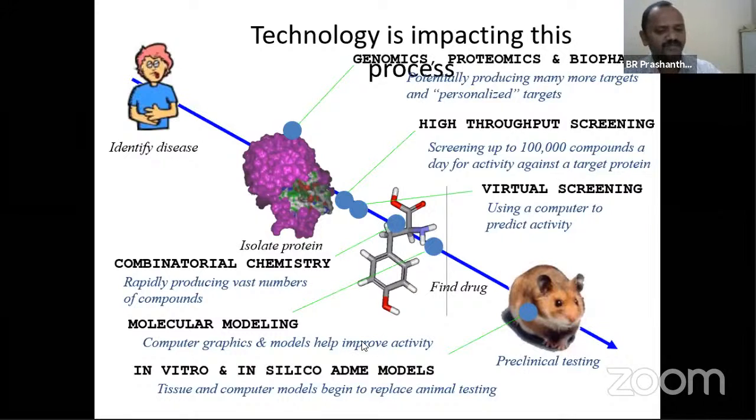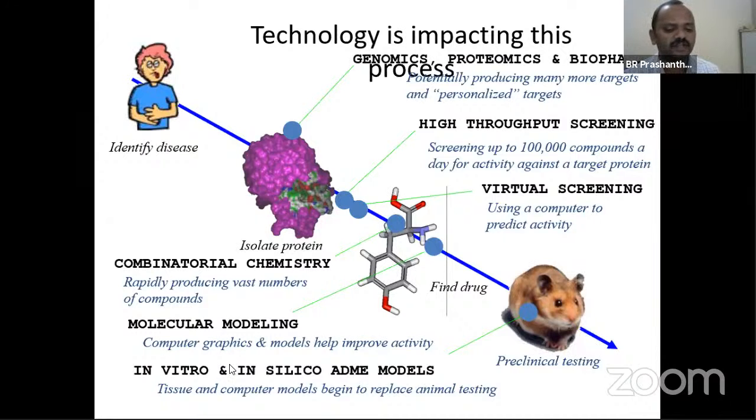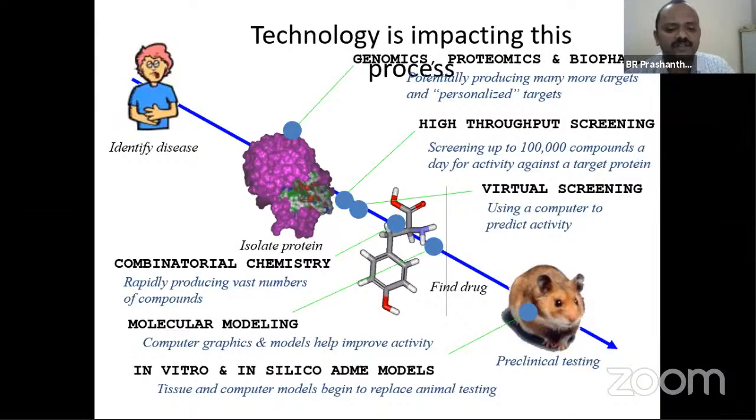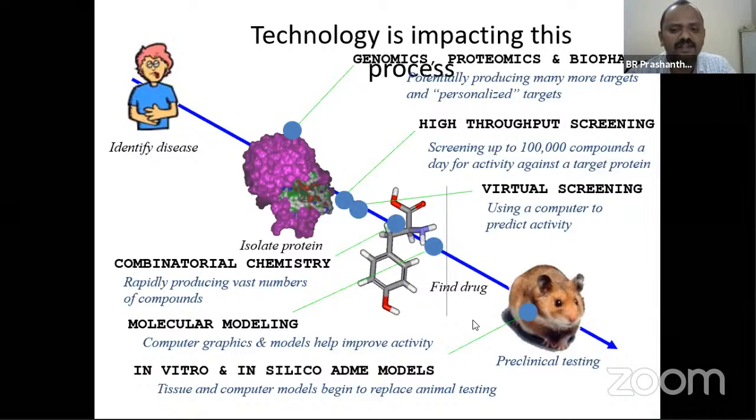In vitro and in silico ADME models are also used in this context, so that we can find out the efficacy of the molecules in the in vitro models, compare it with the in silico models, and take the ADME models into consideration.